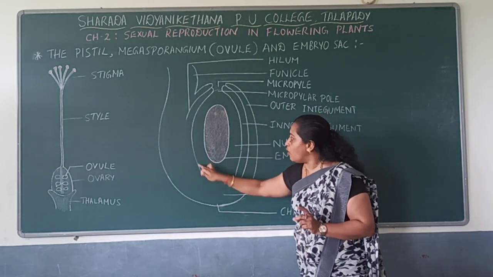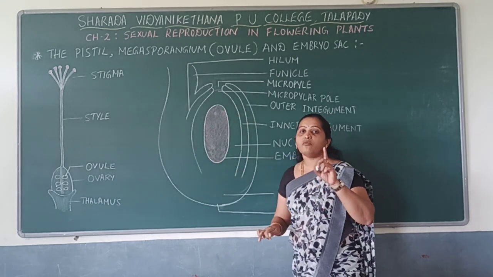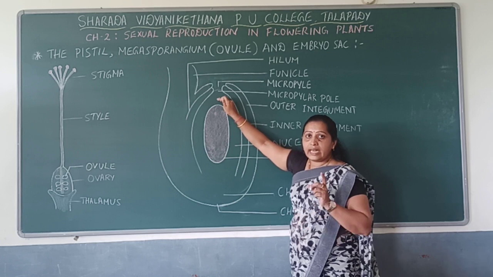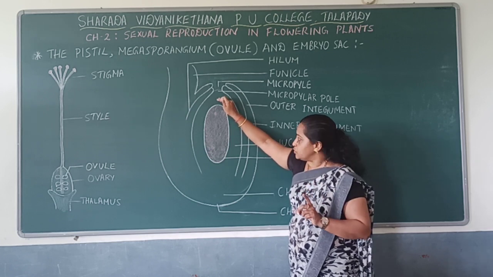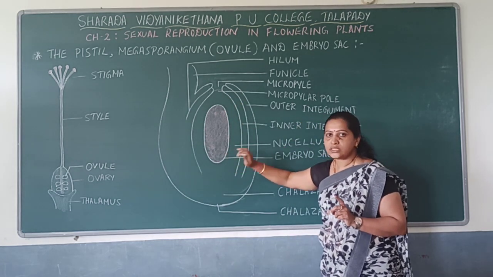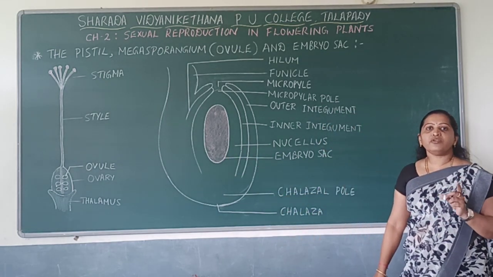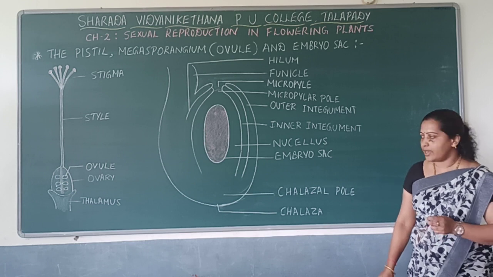Remember that not all the cells of the nucellus develop into an embryo sac. So the embryo sac represents the female gametophyte of an angiosperm.